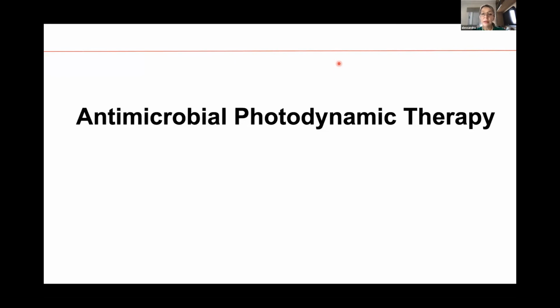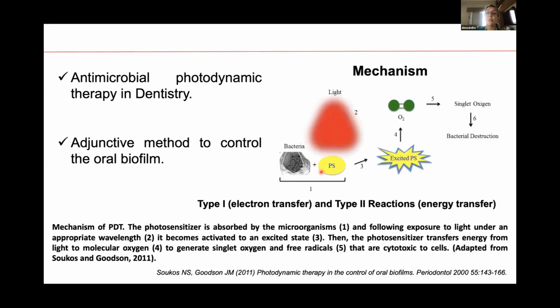So we needed to work on different techniques and different antimicrobial agents in order to avoid the side effects of the main antimicrobial agents used in dentistry right now. In this way, antimicrobial photodynamic therapy can contribute to control the oral biofilms.